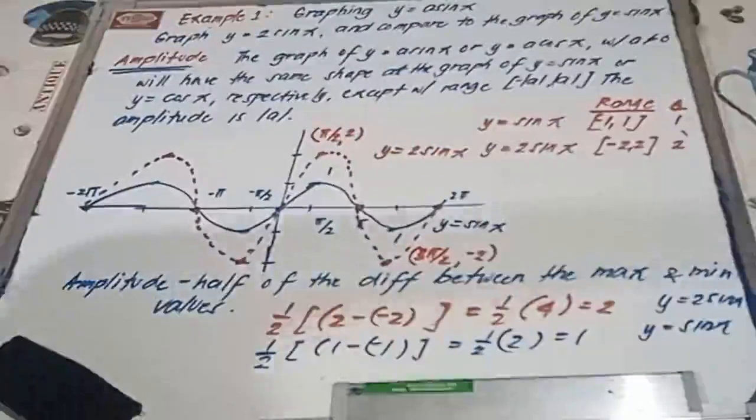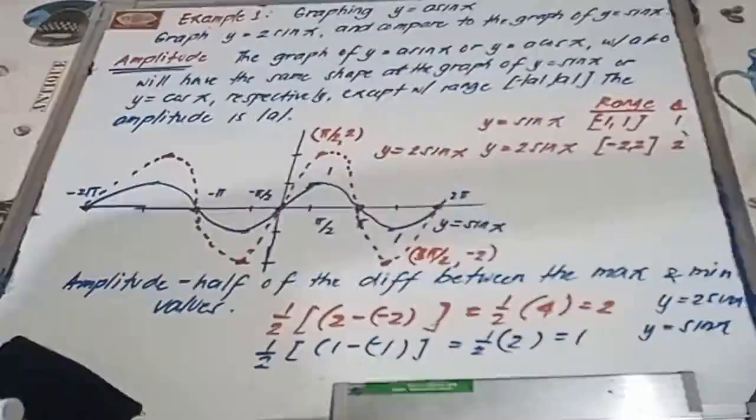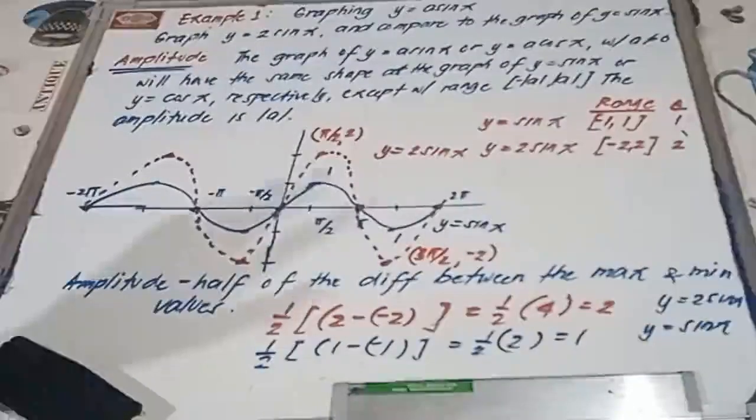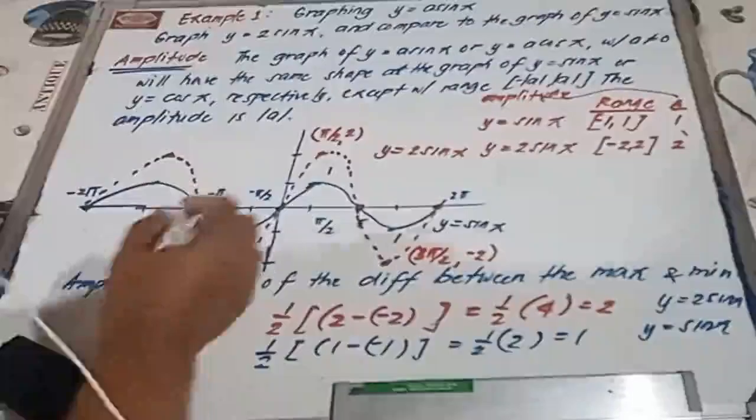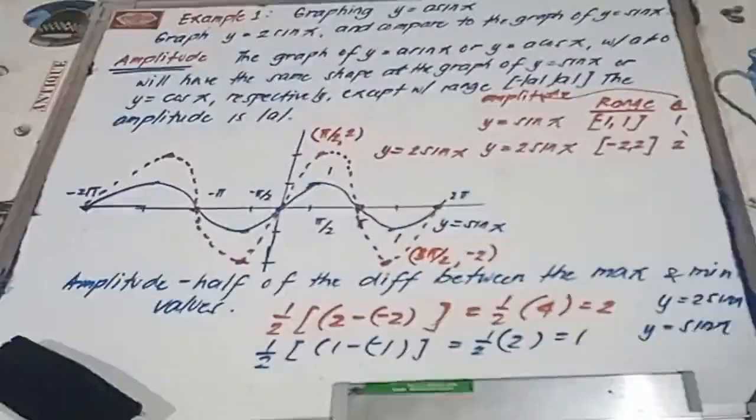Whatever the coefficient of the function is, that will be the amplitude of that corresponding function. So that is how to graph a function in the form y equals a sine x, and that is what we call the amplitude of the circular function. So thank you.